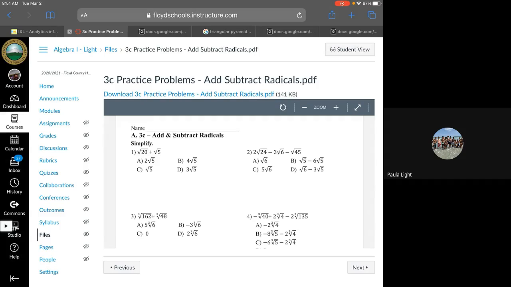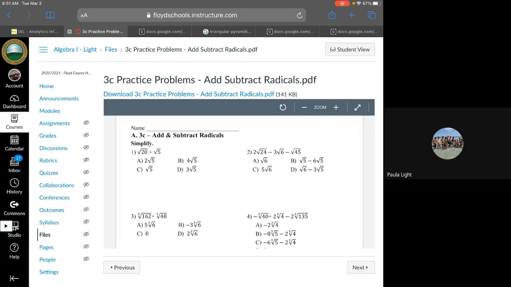A lot of times math is like the practice, but if you already have the answer, you can work it on your own and make sure you're getting it. That's how you check your progress. Number 3, the answer is A. So the cubic root of 162 plus the cubic root of 48 is 5 cubic roots of 6.